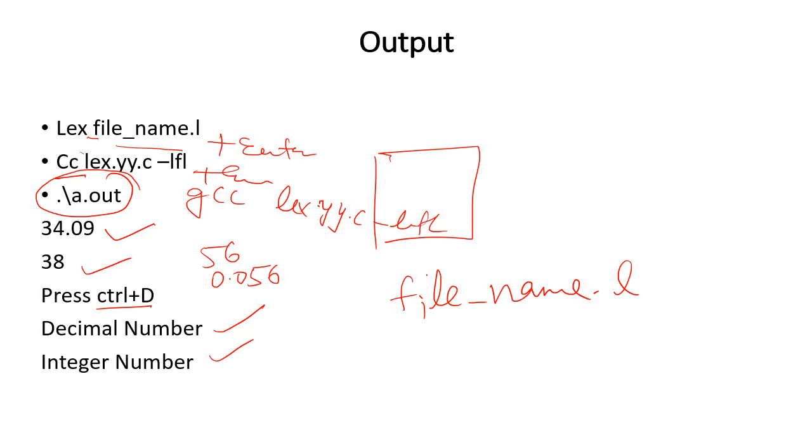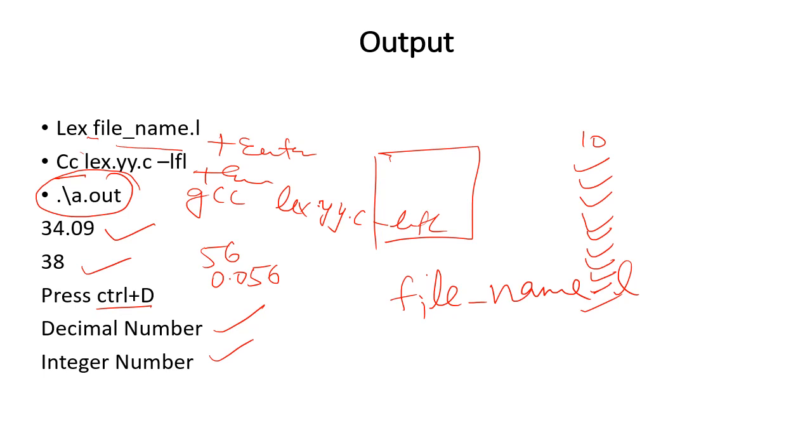Now one thing we can also add in this program. Let's suppose we have given 10 inputs: 1 2 3 4 5 6 7 8 9 10. Then in our code we can also assign two variables, one for integer and one for decimal, and write the logic: if there is a decimal number, then it will increment, and if there is an integer number, it will increment.